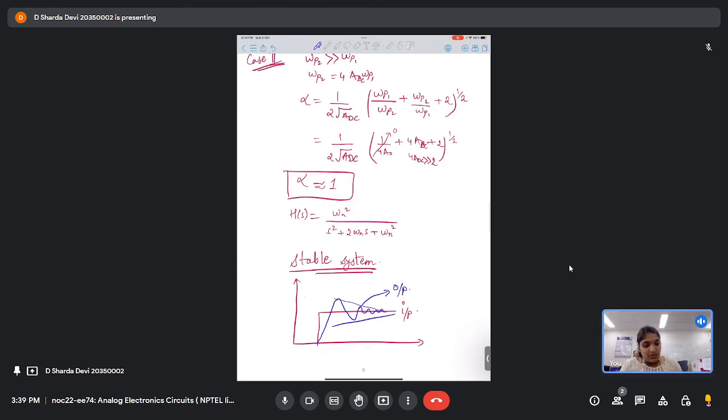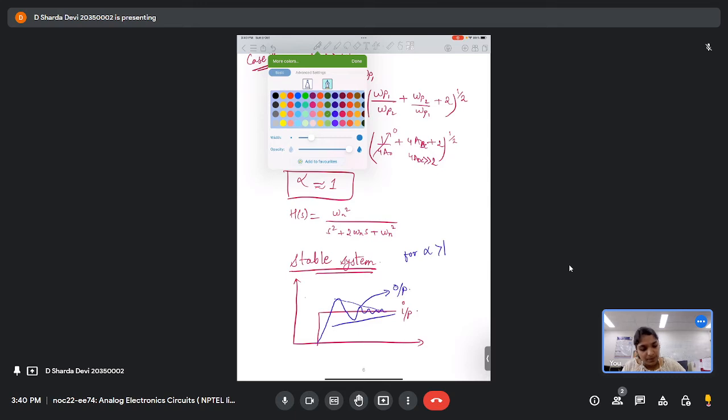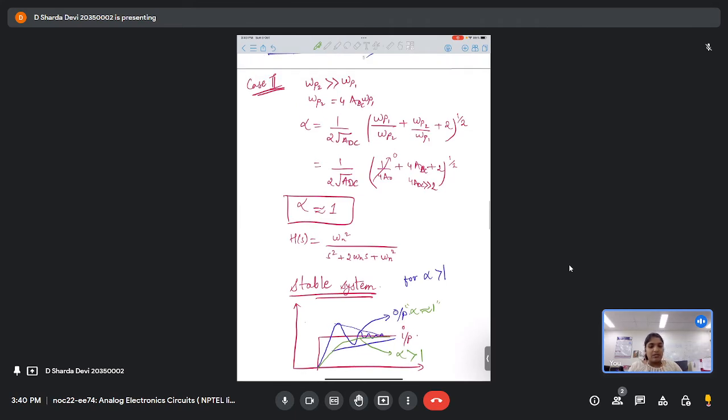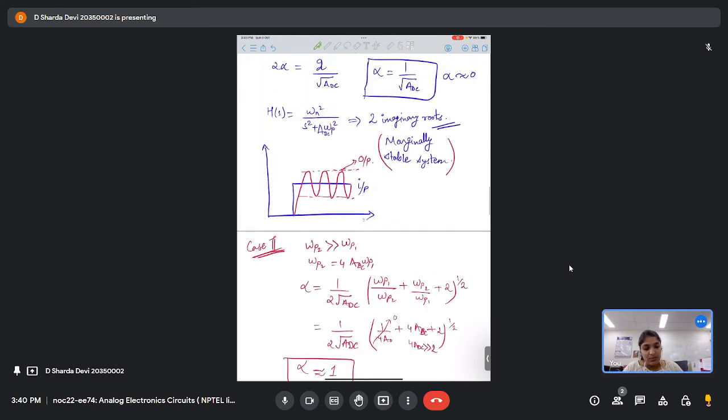Now this is the situation when alpha is almost equal to 1, but for alpha greater than 1, the system will slowly converge, so there won't be any oscillations. This is for alpha greater than 1, and this is the condition for alpha almost equal to 1. So these are the possible conditions along with the poles.